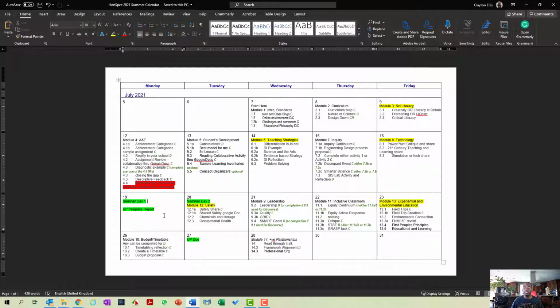So seminar 1, 2, and 3, 4, depending on how many, half the class will be on the Monday, half the class will be on the Tuesday. Then week 4, the last week of the course, is very intense. The unit plan is due on the second last day, the 27th, and then the very last day is the 28th. So that's your calendar overview.